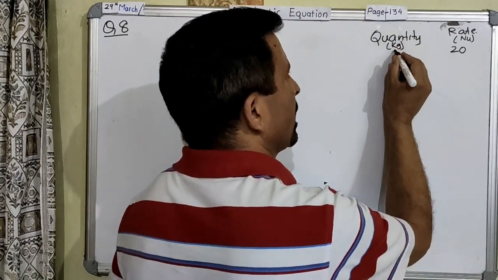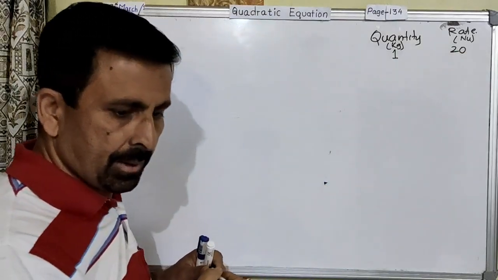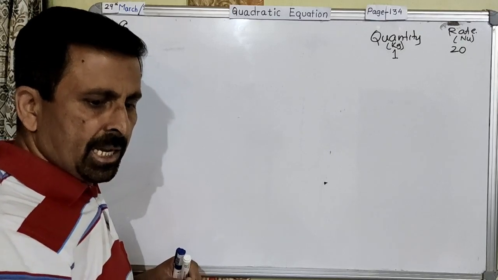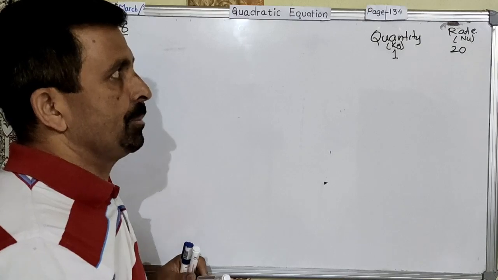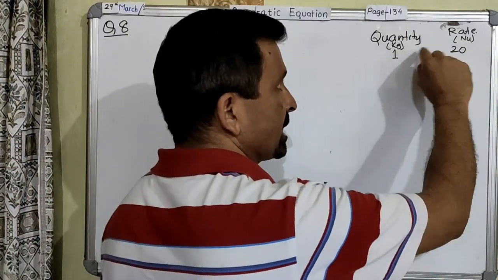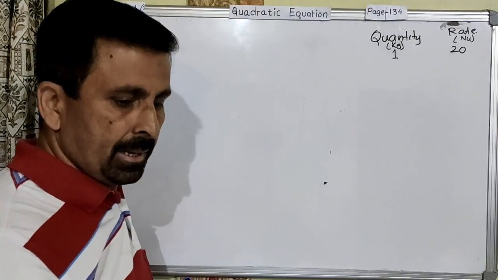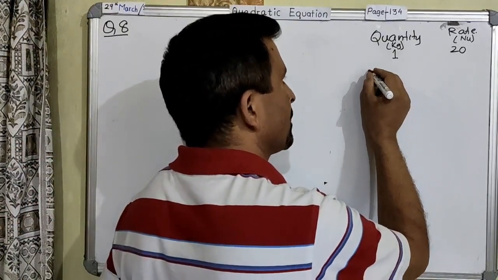So if she sells 1 kg for 20 Newton, then she expects to sell 50 kg per day. If this is the rate, then she is able to sell 50 kg in a day.